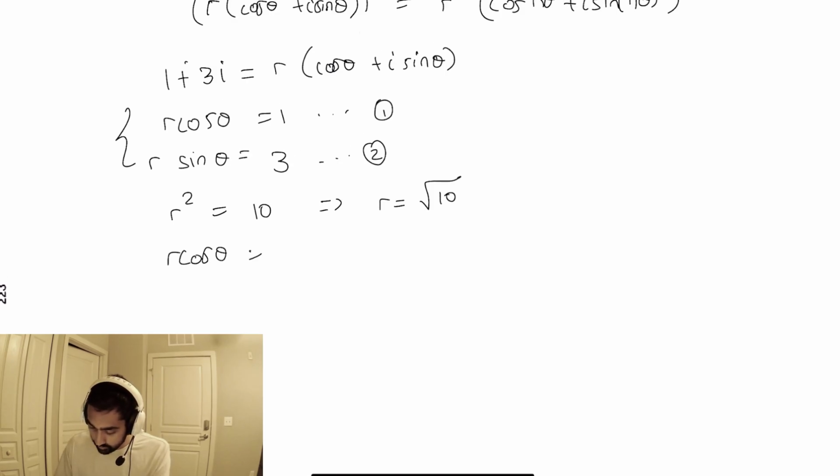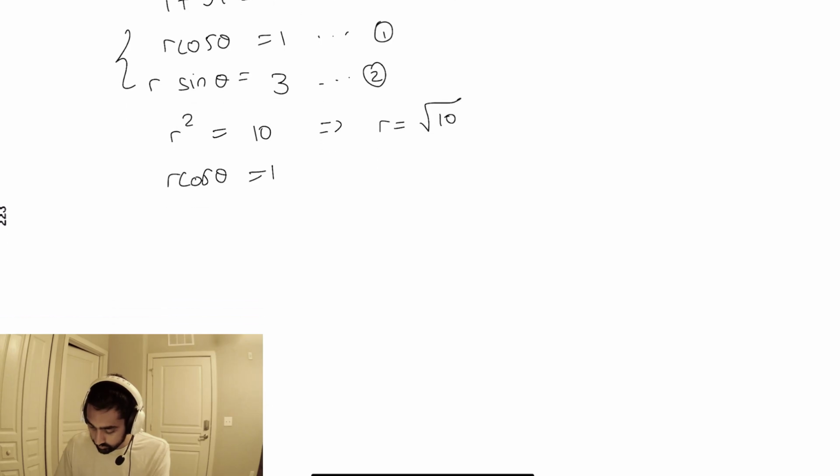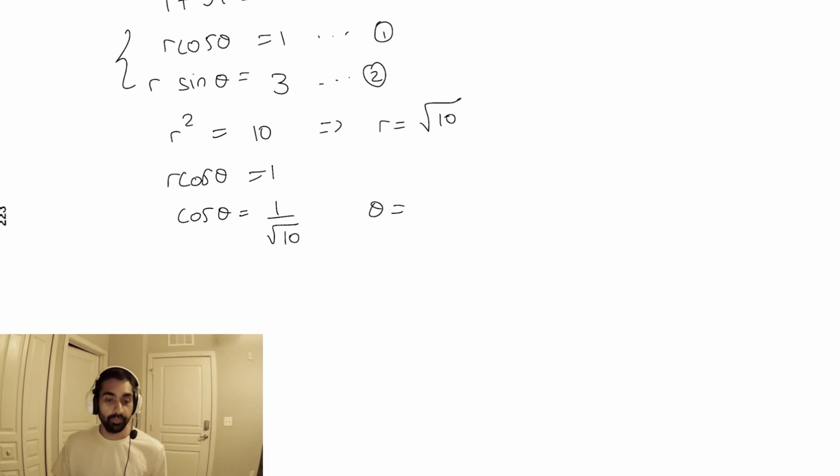And then since r cosine theta is equal to 1, that means that cosine theta is equal to 1 over square root 10. And that means that theta is equal to cos inverse 1 over square root 10, right?